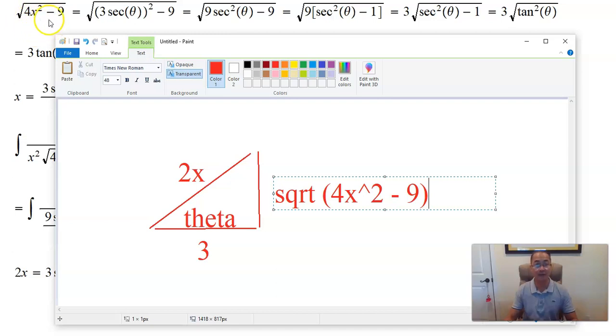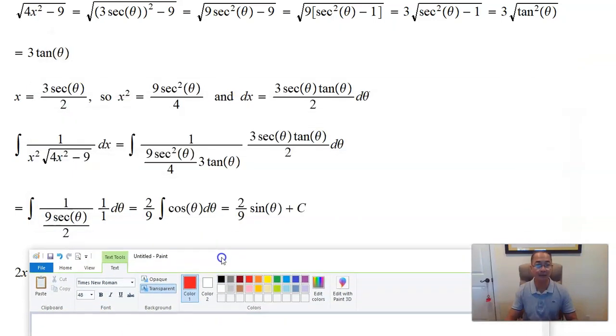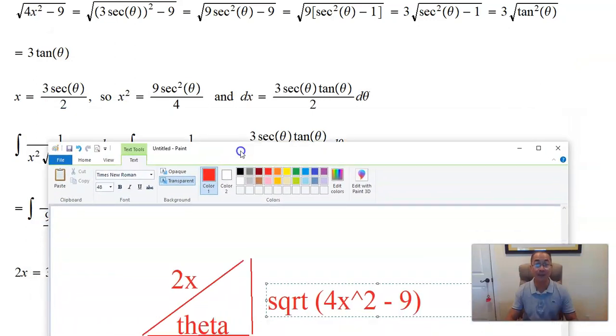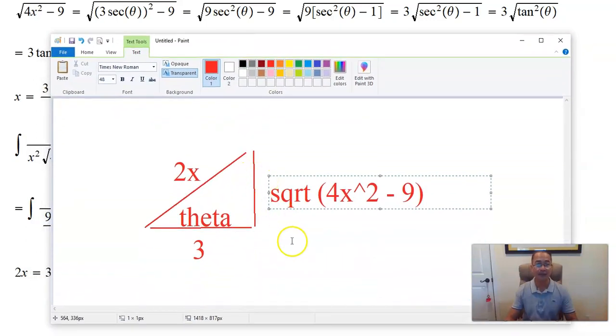The original radical appears. Square root of 4x squared minus 9. Okay? Because what did we want? We want sine theta. Is that right? Let me remove this. Oh yeah, there it is. We want sine theta. So sine theta is opposite over hypotenuse. All right, so we have the original square root divided by 2x.